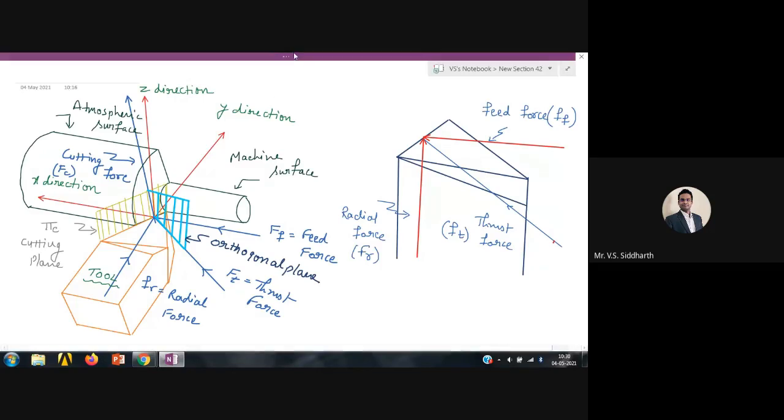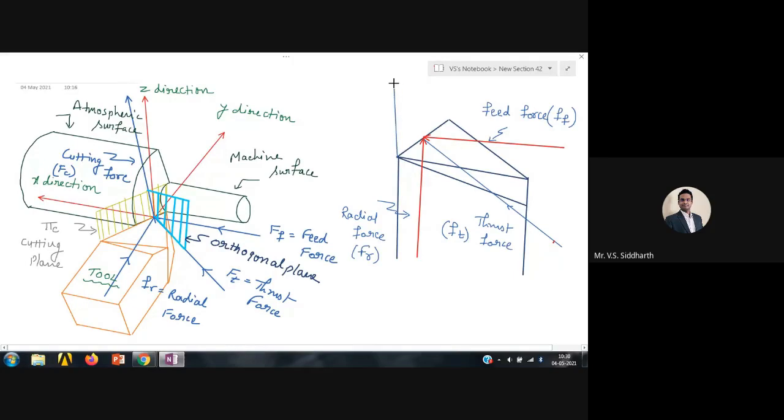Okay. All of you pay attention. Something important is coming. This angle is what? Can anyone tell me what angle it is? Psi s, side cutting edge angle.